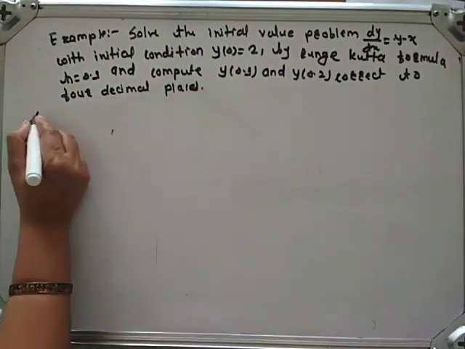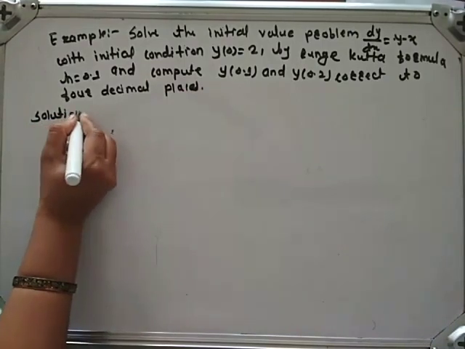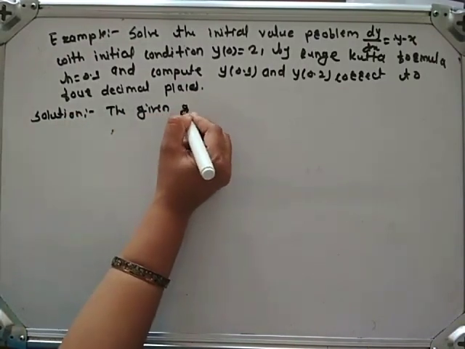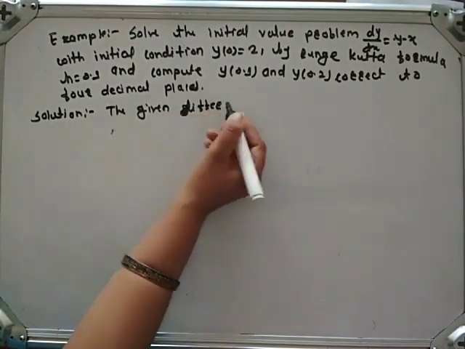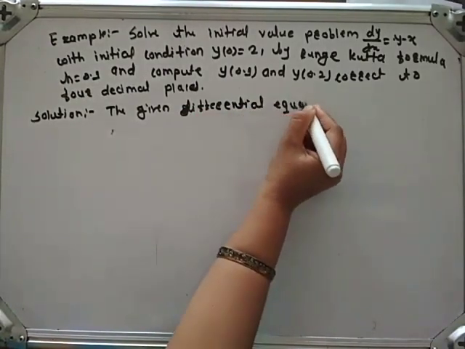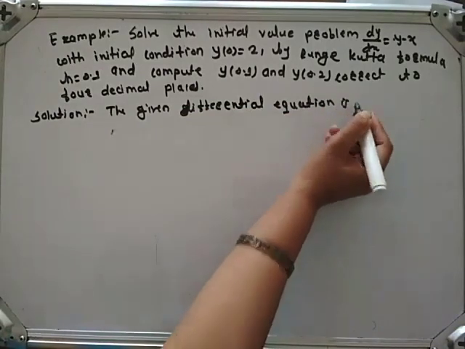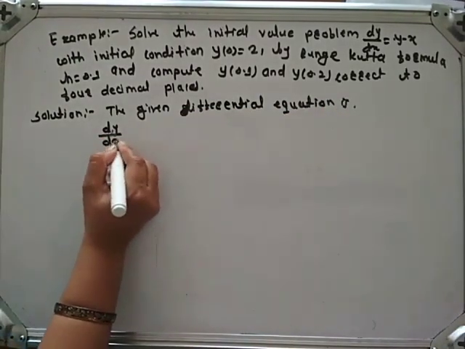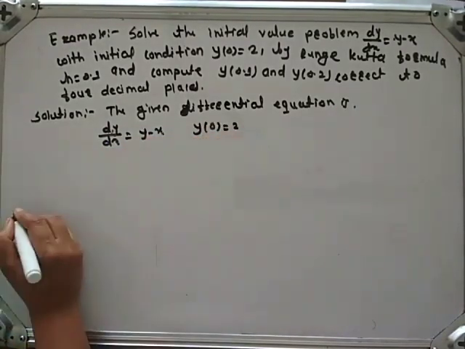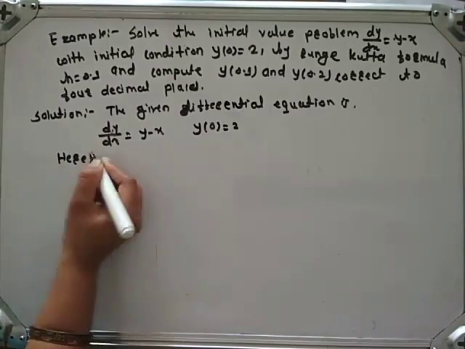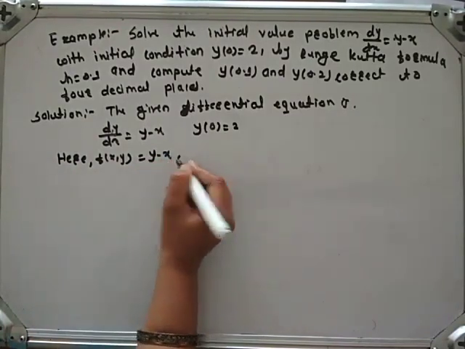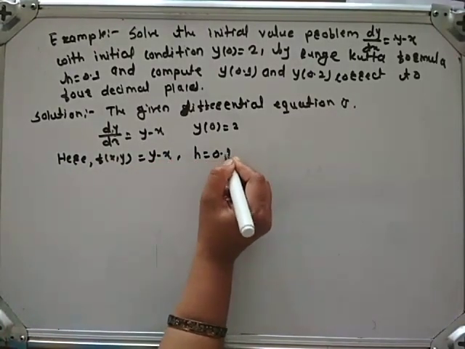Solution. The given differential equation is dy by dx is equal to y minus x and y of 0 is equal to 2. So here f of x, y is equal to y minus x, h is equal to 0.1.